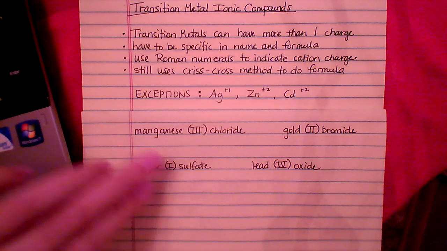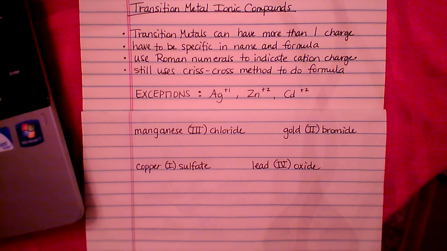But I've got about 4 examples here of names that do contain Roman numerals, and we'll write the formulas for these, and then we'll talk about how to, given the formula, go back and write the name. But it's still the same method as writing the formulas for binary and ternary ionic compounds.